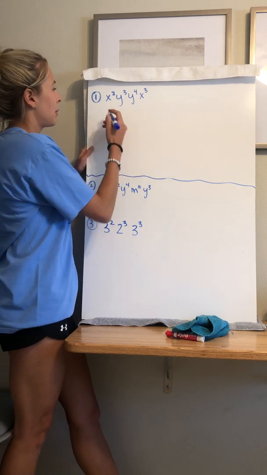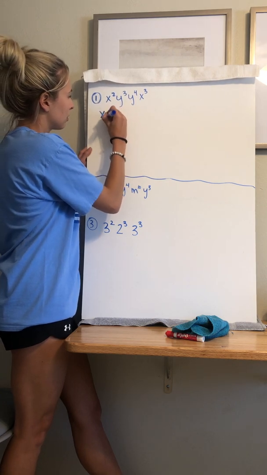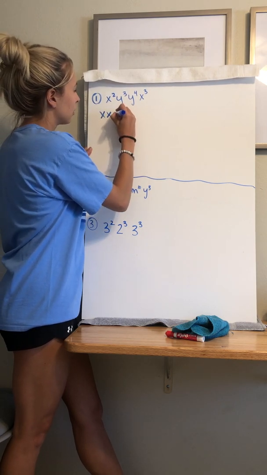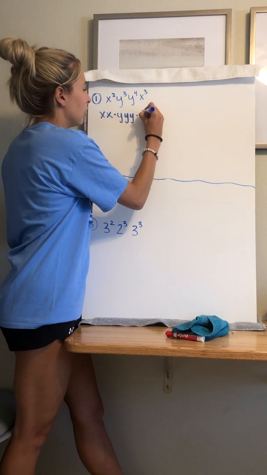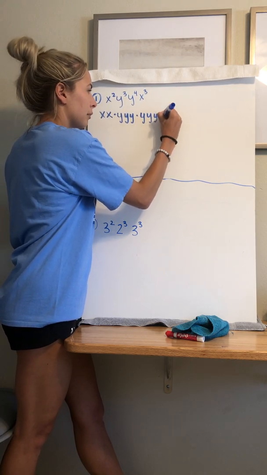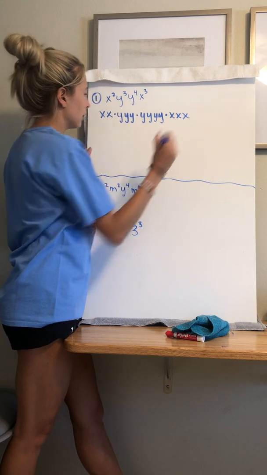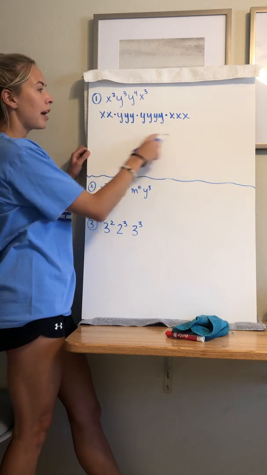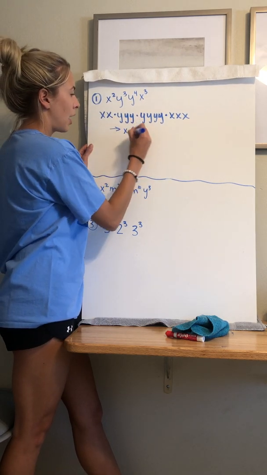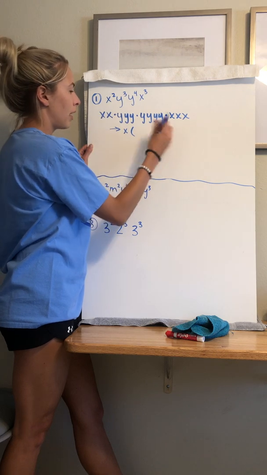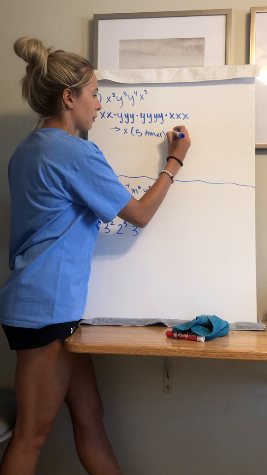So let's go ahead and expand what we have. x times x, y times y times y times y 4 times, times x 3 times. Alright, so this is what we have expanded. So if we look down here, we have x how many times? 1, 2, 3, 4, 5. x being multiplied together 5 times.